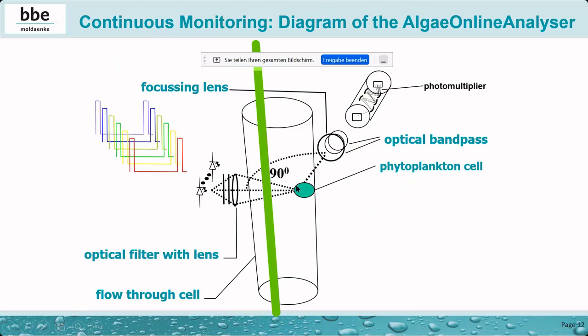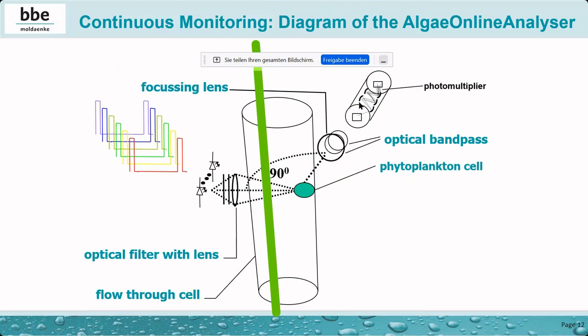And if they get excited, then they will send out fluorescence, and the fluorescence is measured with a photomultiplier. And of course, we have a filter here to remove the exciting light, and we only measure the fluorescence.